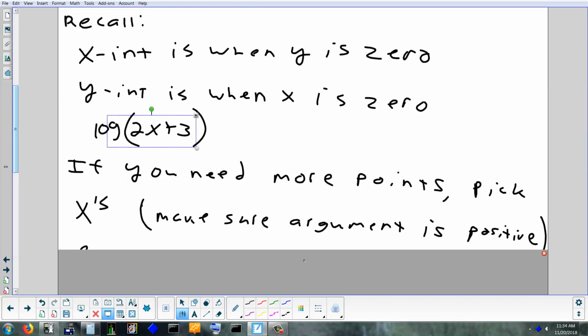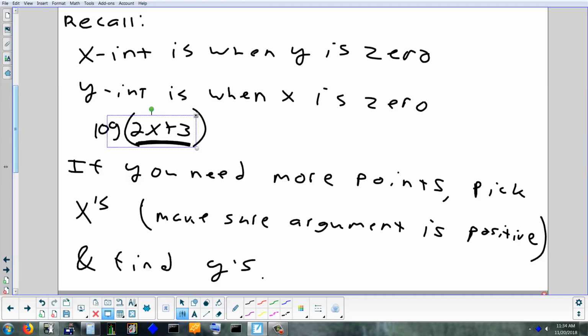But you can't go too much smaller than -2. You can go a little smaller, but you can never have this be a negative number, or even 0. It's got to stay positive. So make sure your argument is positive. And once you pick a value to plug in for x, like let's say I want to let x equal 5, I just plug it in, use my calculator, and then I can get y.